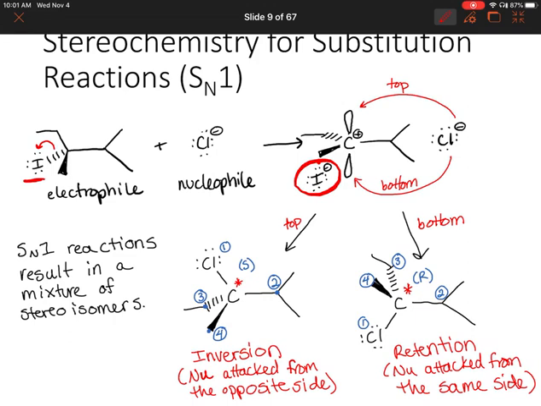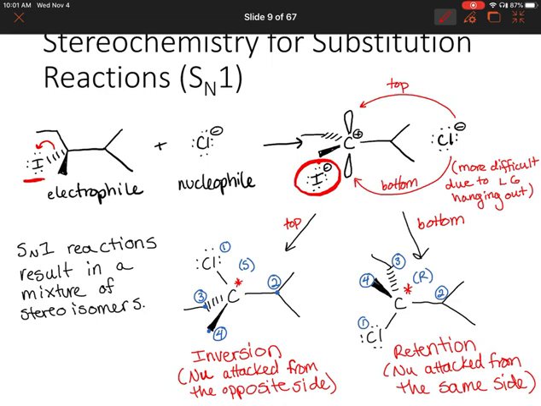So if chloride attacks from the bottom, this is more difficult due to the leaving group hanging out, let's say. So the leaving group is still kind of hanging around, and the chloride ion can't quite get in there.